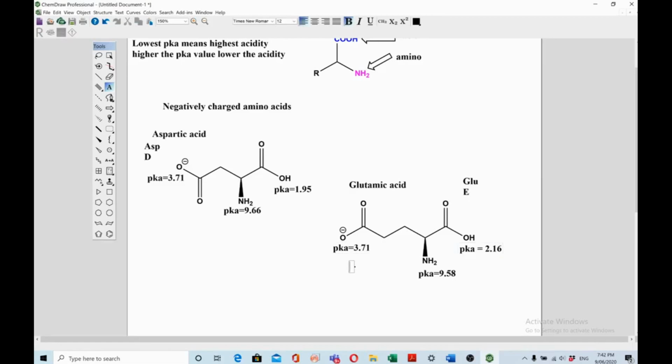This is the most acidic because it has the lowest pKa value of the rest, this is the most basic, and this is intermediate. So these two are the amino acids which are negatively charged, and they have a 2-letter code. If you see a sequence DE, D stands for aspartic acid, E stands for glutamic acid. That's it.